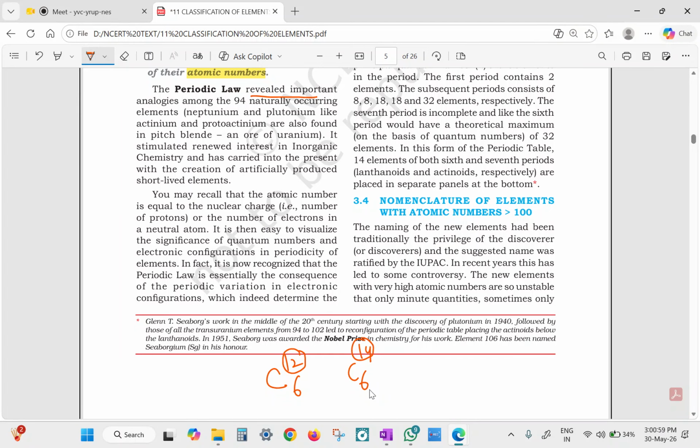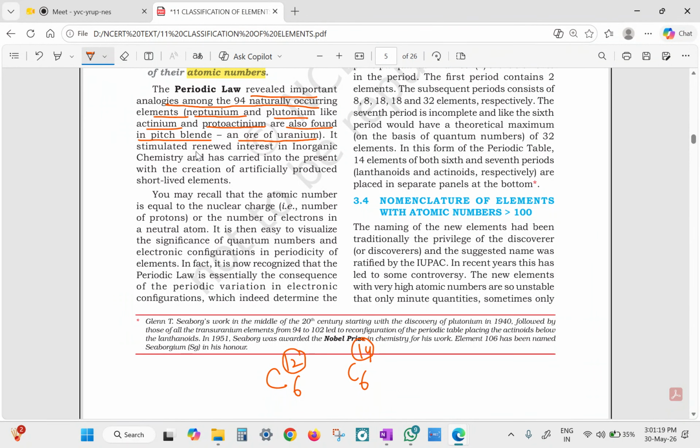Okay. The periodic law revealed important analogies among the 94 naturally occurring elements, like neptunium and plutonium, and actinium and protactinium. Protactinium is also found in pitchblende, an ore of uranium.